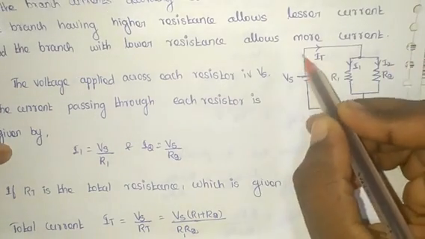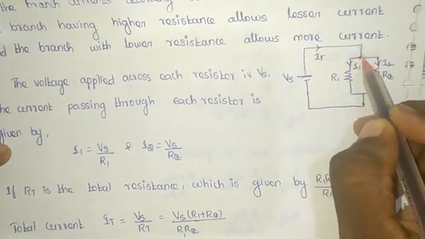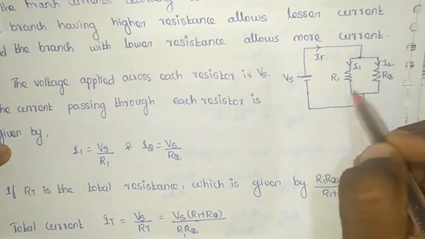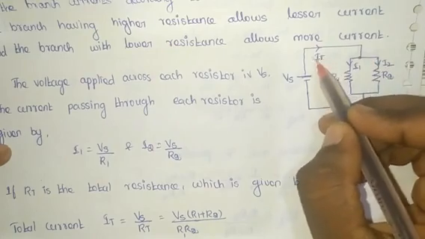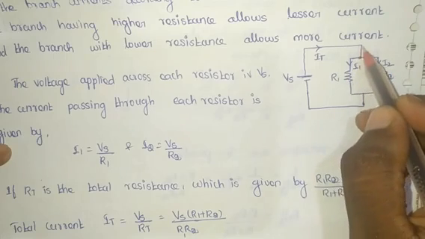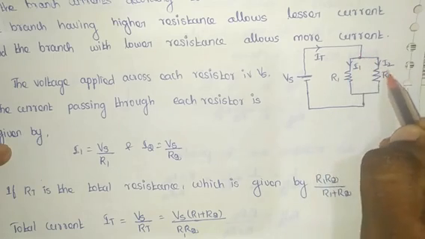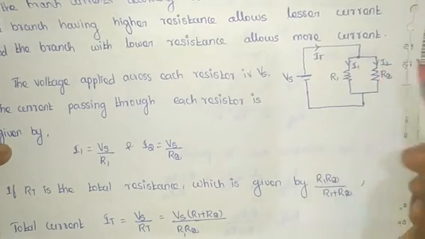See here, a total current of IT is flowing through this path and it finds 2 resistors connected in parallel. So the total current will be divided among the 2 resistors. It is divided into I1 and I2, so I can write IT is equal to I1 plus I2.